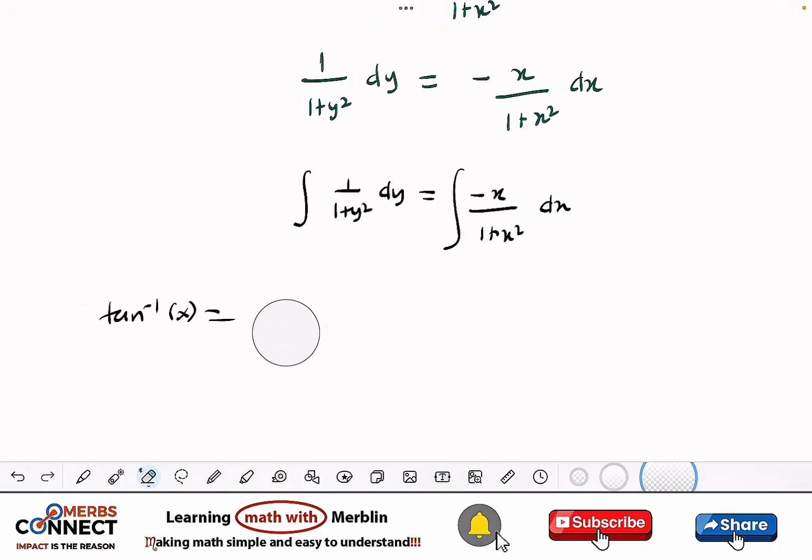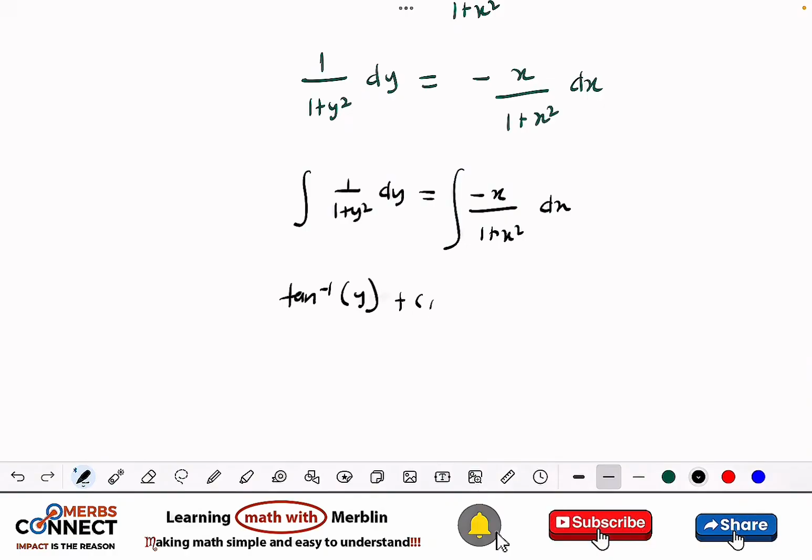So you see that the left is going to give us tan inverse of y plus c1. So when I integrate the left, because I have 1 over 1 plus y squared, and I'm integrating it with respect to y, I'm going to get tan inverse. So these are some of the things that you need to know off head, right?